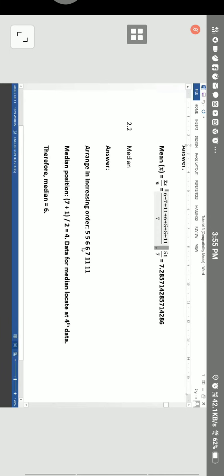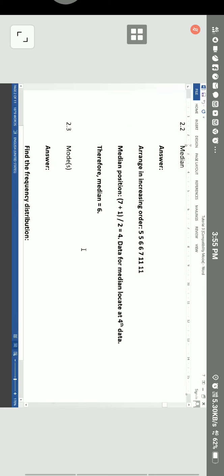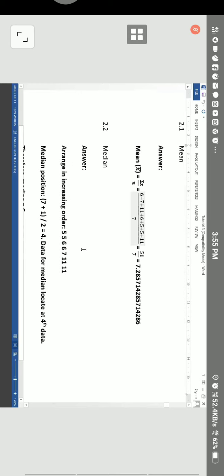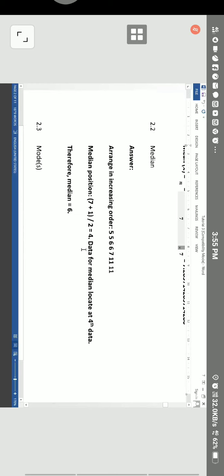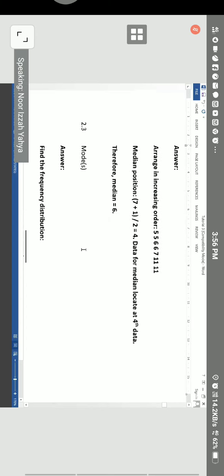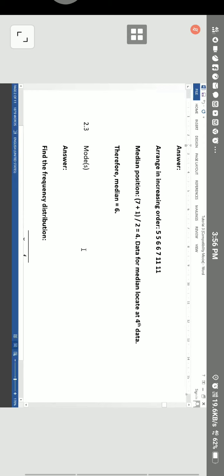The location determines where your median is. When you find the mode, you need to build a simple frequency distribution, because it's much easier to see which data has the highest frequency.